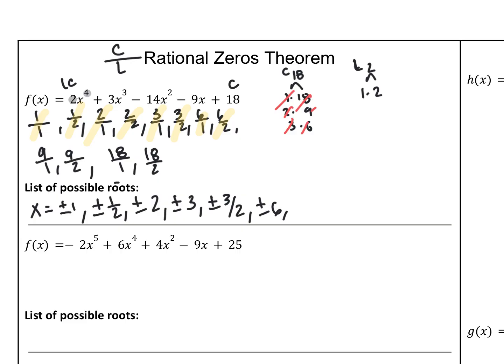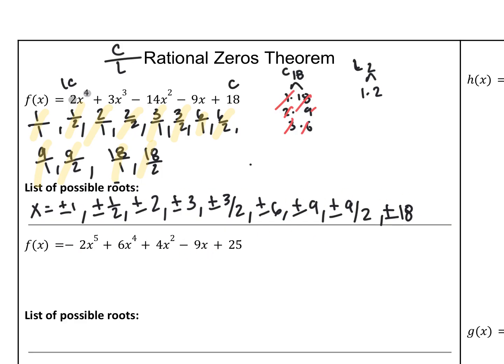And then I have 9, so plus or minus 9, plus or minus 9 over 2, plus or minus 18, and then 18 over 2 is the same thing as 9, so I don't have to write that. So these are the list of all the possible roots that this polynomial can have. But remember, it only has 4, so I would have to guess and check until I find which of the 4 are the correct ones.